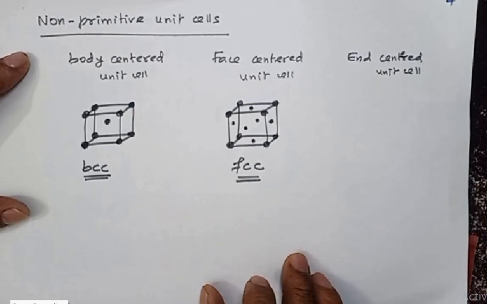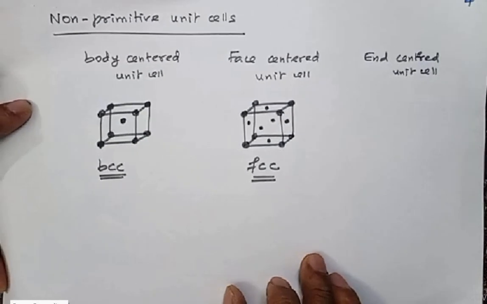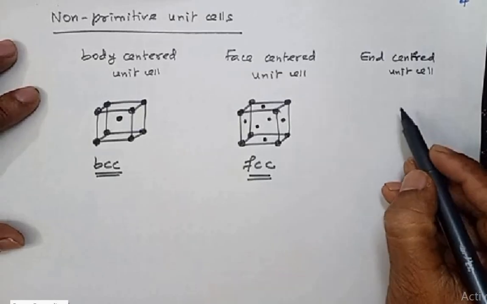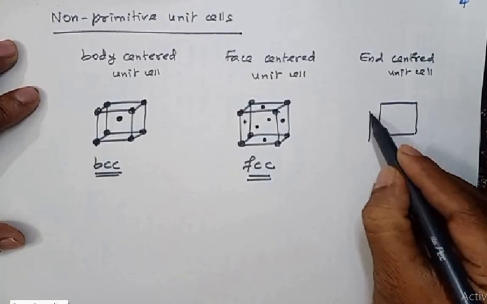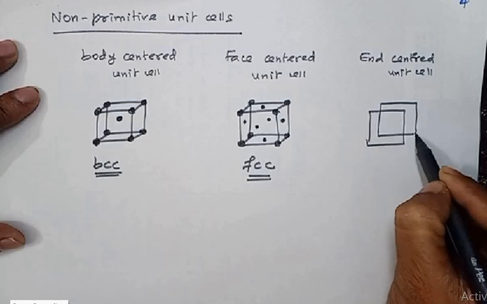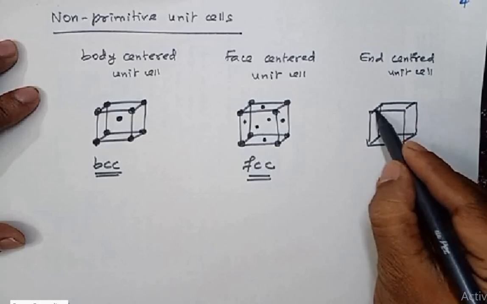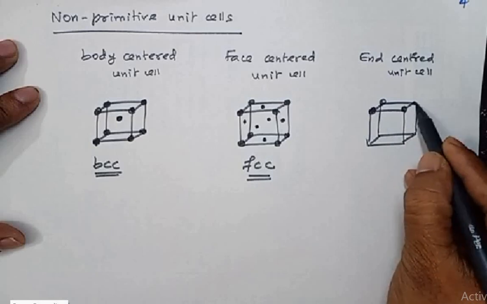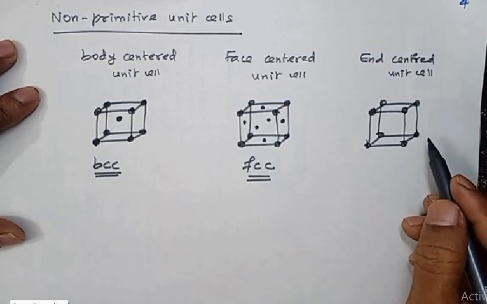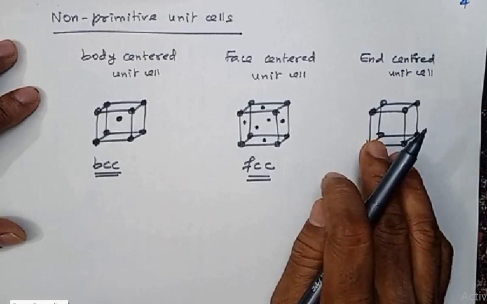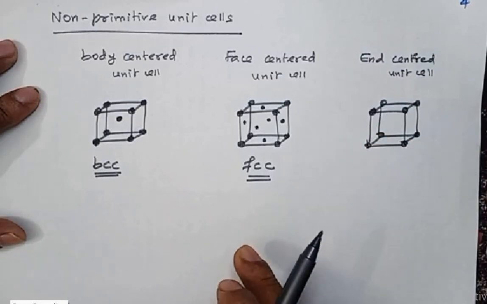Right, what is meant by end-centered? An end-centered unit cell is a special type. I'll take a cube-like unit cell. All the corners are occupied, and apart from corners, we have two atoms at the opposite face centers.